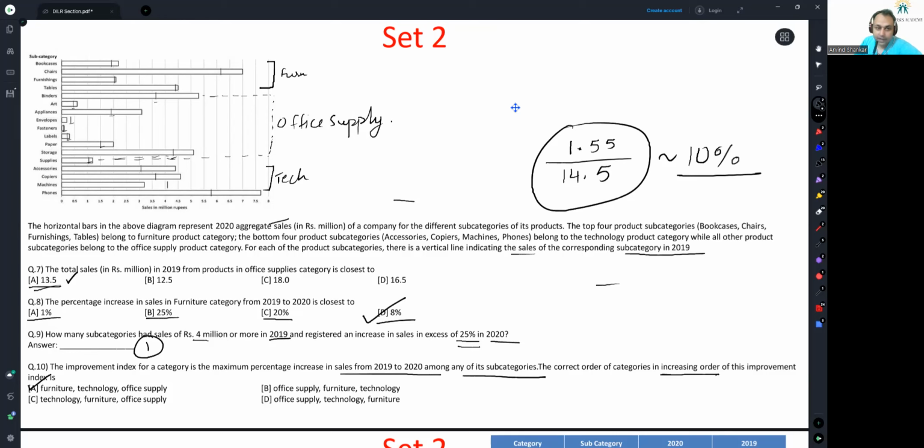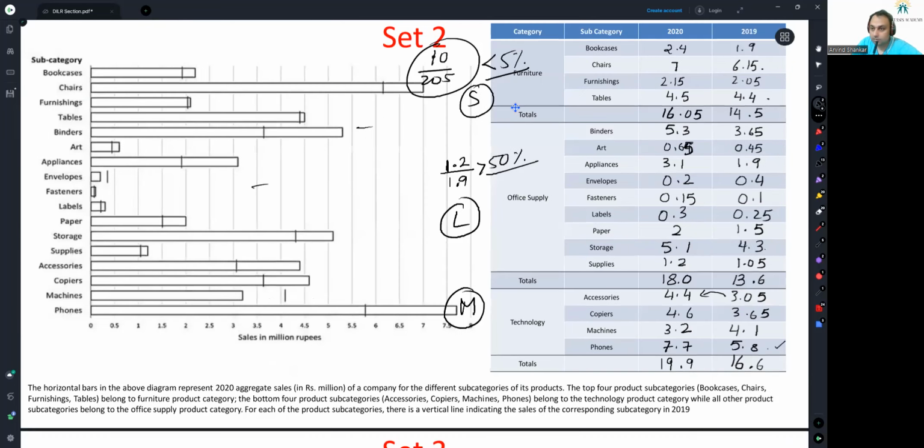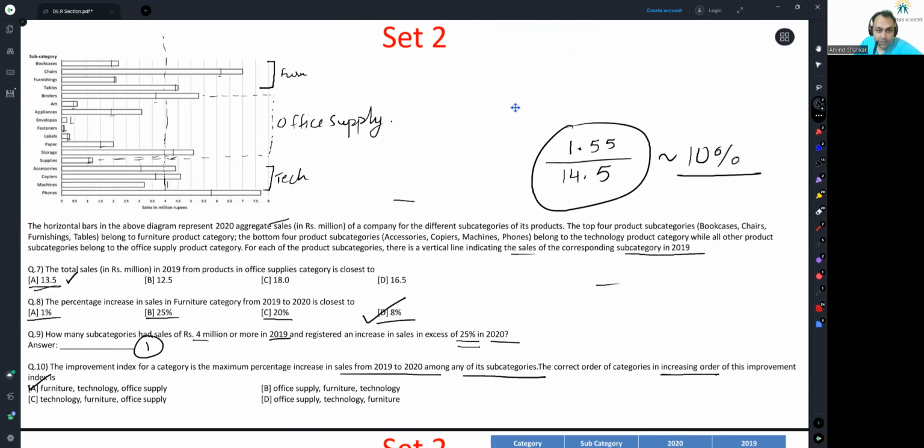For subcategories greater than 4 million, you will simply see beyond this line how many had sales. So you had it here for chairs, 6 point something, and it is going on till 7. It should be at least 7.5 for a 25% increase, not happening. Here, can you see the 25% increase is not happening?